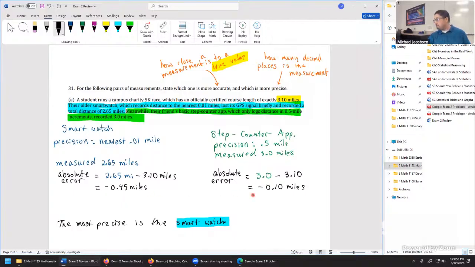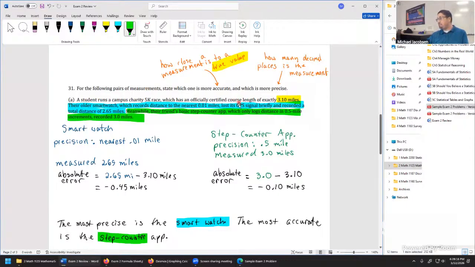That most accurate is the step counter app. Even though it's somewhat of a crude measurement device, it didn't lose its GPS signal, so it just happened to win out today.